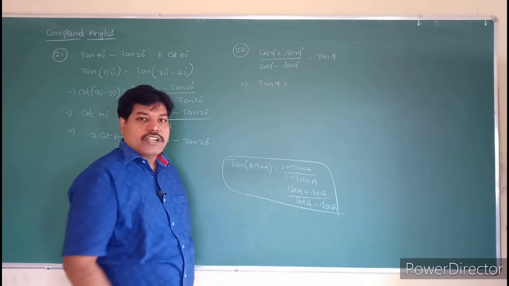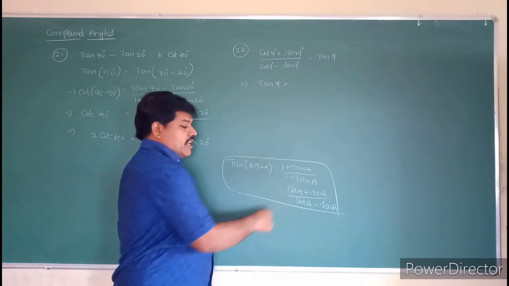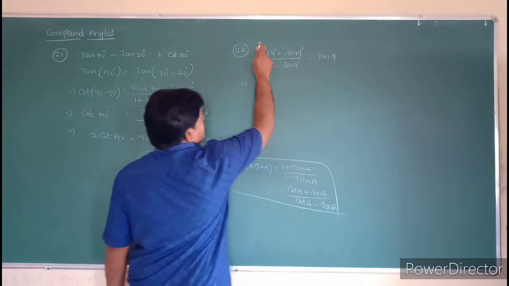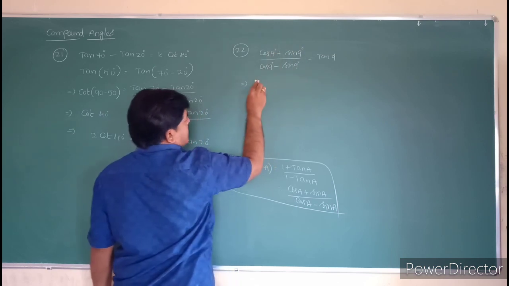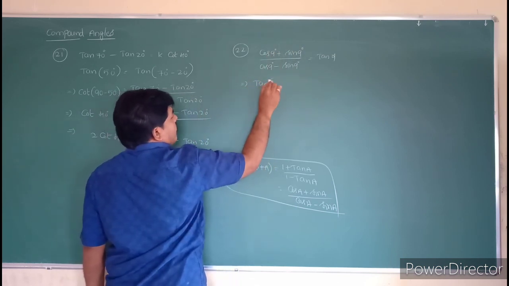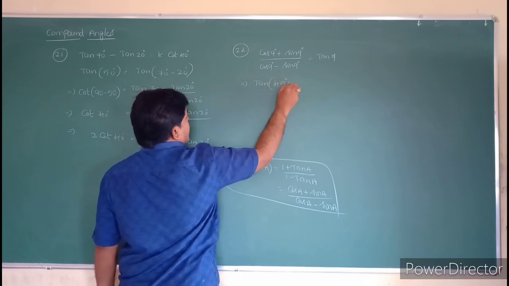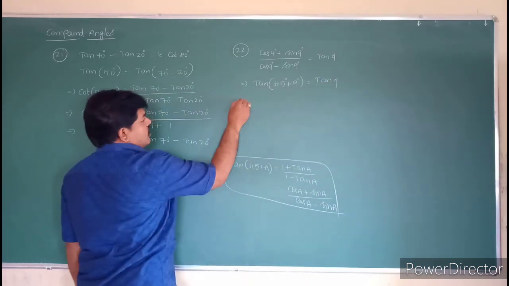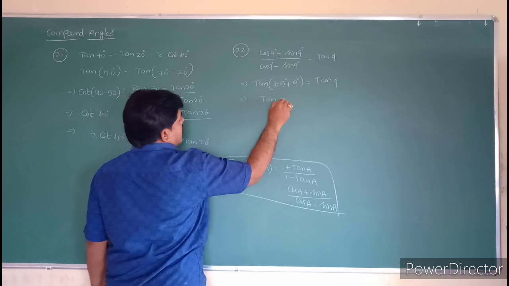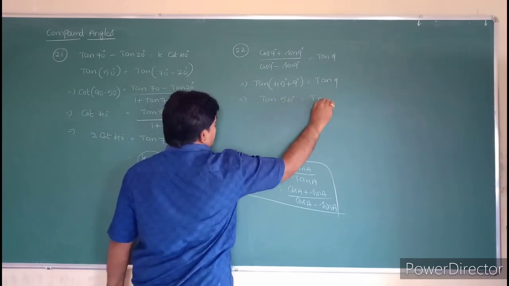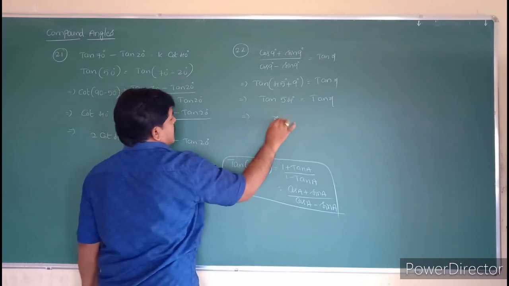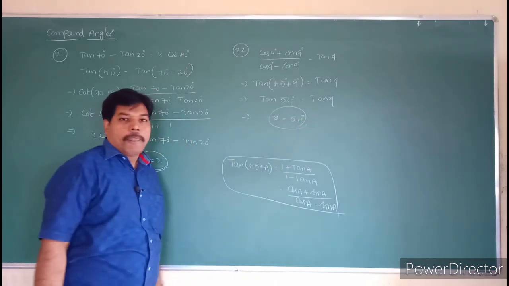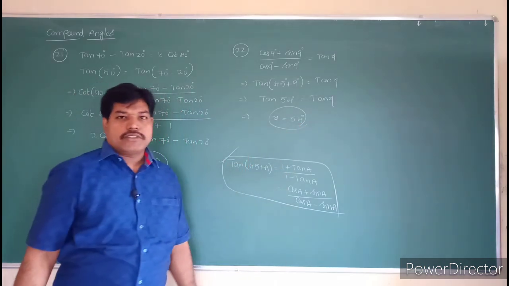I have already given the proof in the synopsis. Tan of 45 plus a is equal to cos a plus sin a by cos a minus sin a. So that is nothing but tan of 45 plus 9 degrees, which is equal to tan x. So that implies tan 54 degrees is equal to tan x, so x is equal to 54 degrees. If you know this formula, it will become a one step answer.